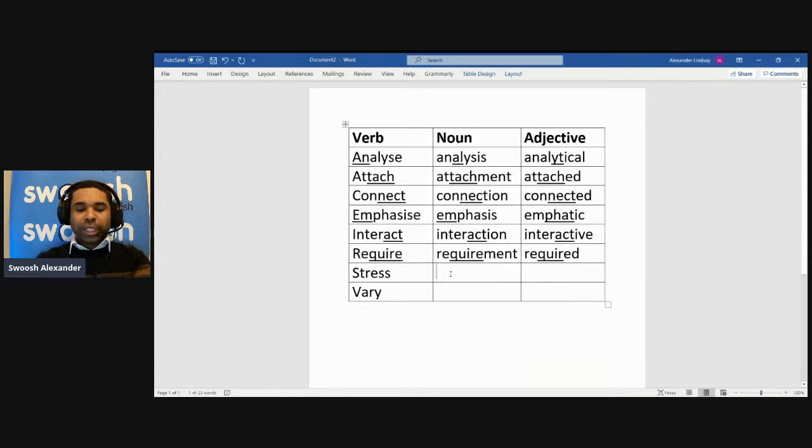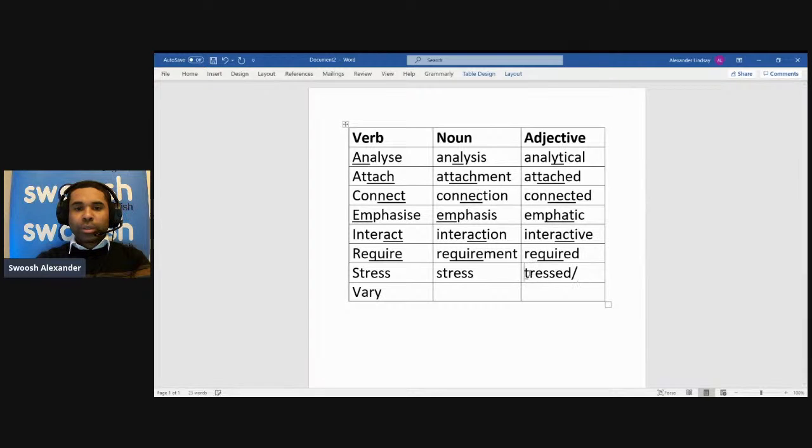Stress for the noun, actually in this case stays the same. There's no change from the verb to the noun form. That stays the same. What about the adjective? There's more than one possibility, but I'll go with the two most common forms. You could use stressed, so with the ed ending.